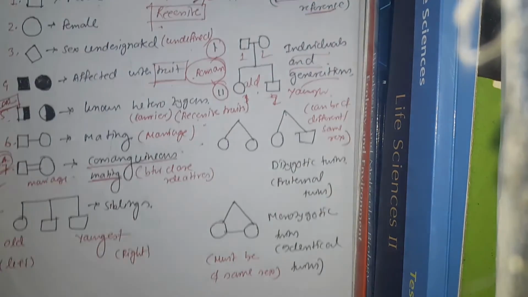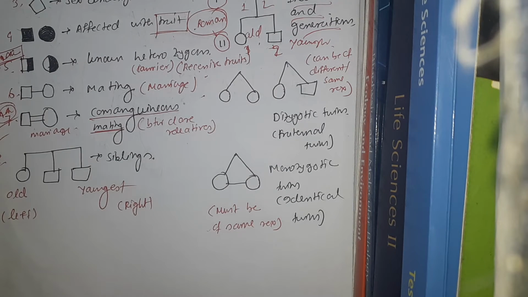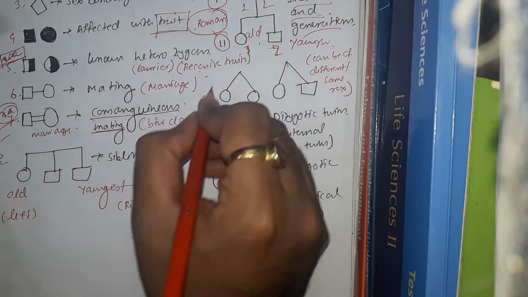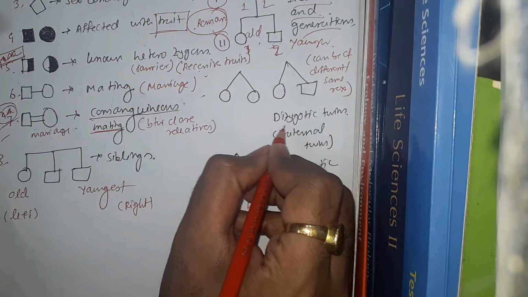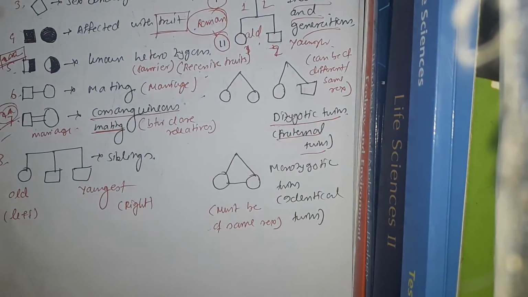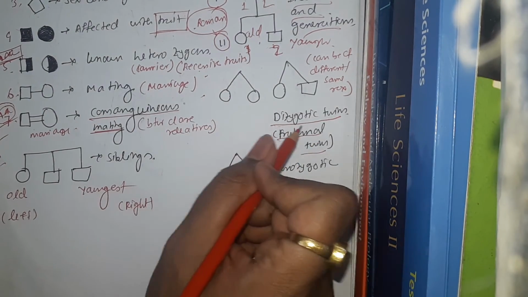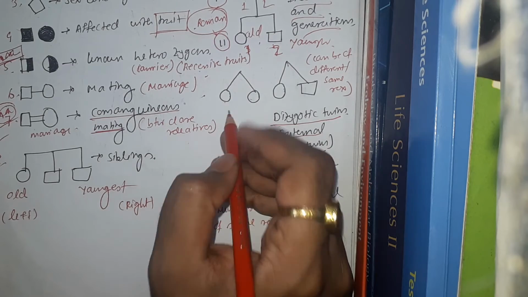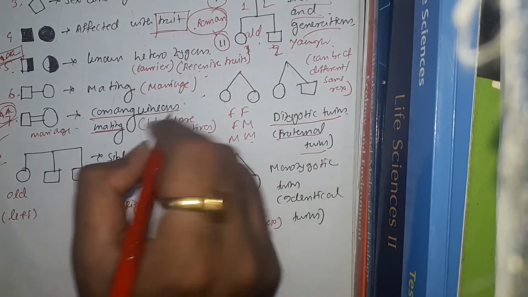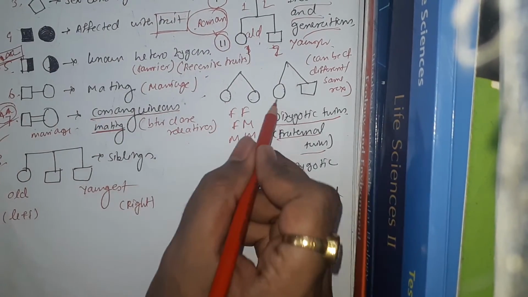Now let's move to the most important part of these symbols. When you find something like that, you can easily call them dizygotic twins or fraternal twins. Make sure that in case of dizygotic twins, the twins may be female female, female male, or male male. That means the sex can be either, both sexes are possible.